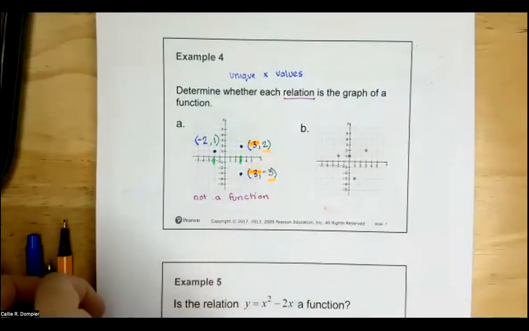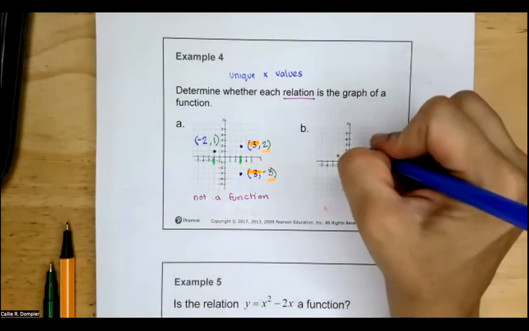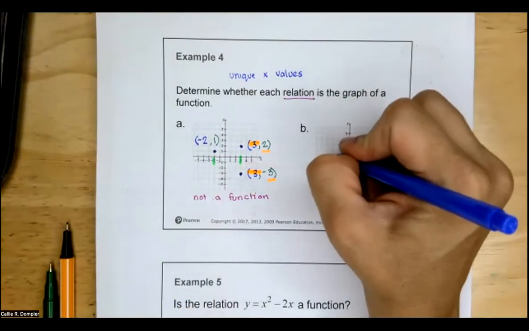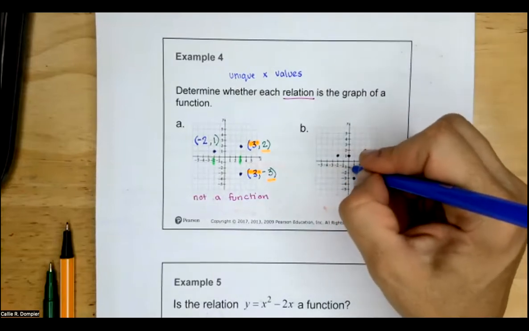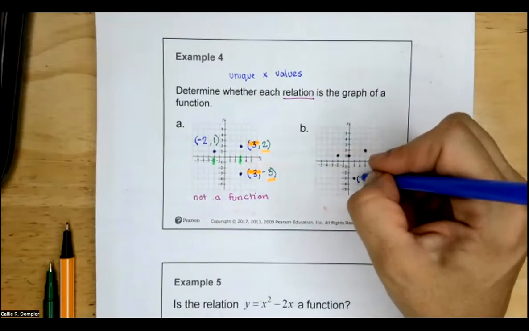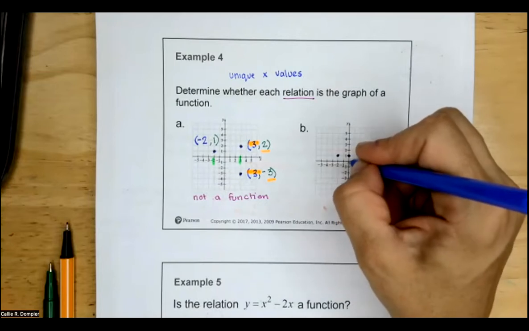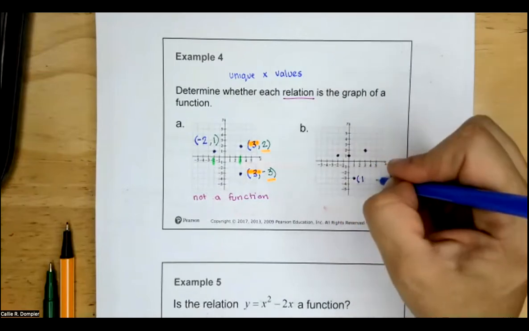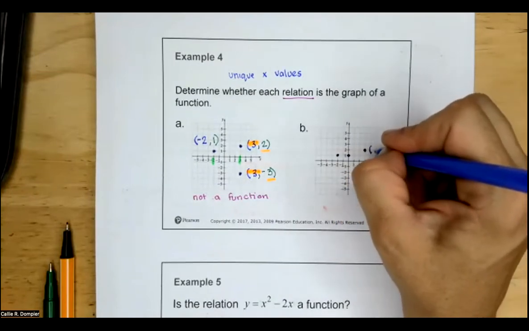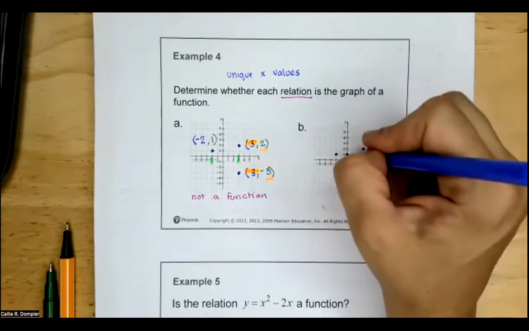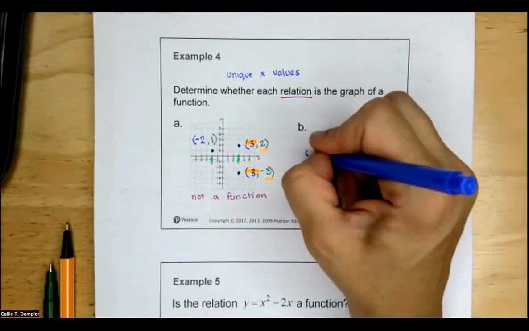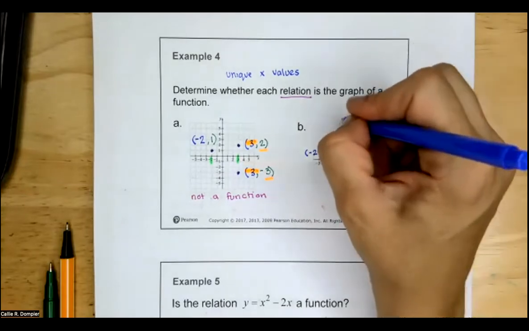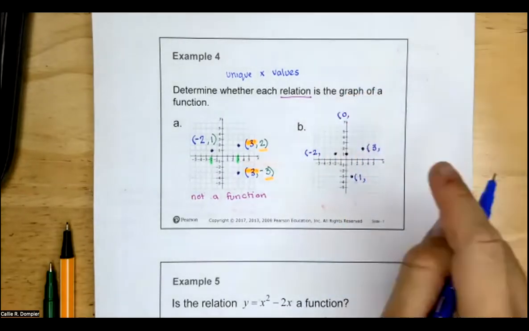All right, let's look at these points. First, we'll look at our x values. You can plot them however you're comfortable, but I'm just going to plot starting with the x's. So from the origin, this one goes 1 on the x-axis. This one goes +3 on the x-axis. This one goes -2 on the x-axis, and this one stays at 0, okay?